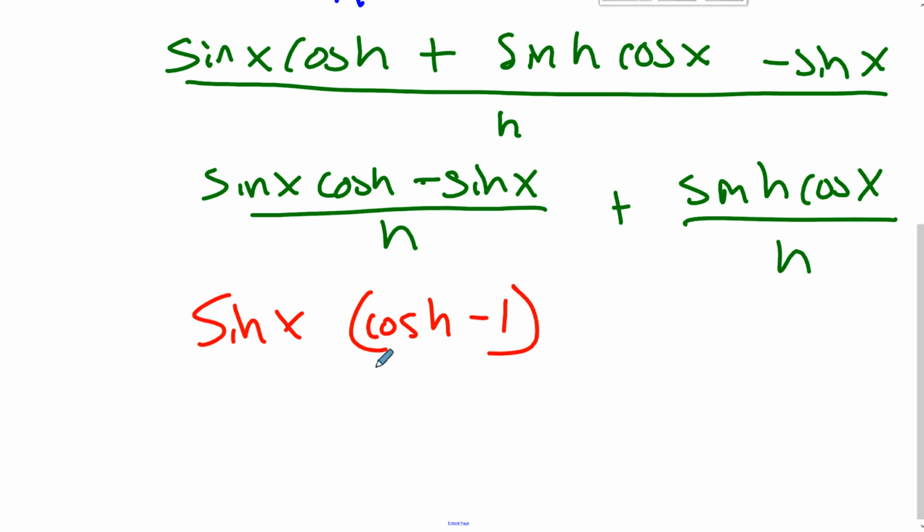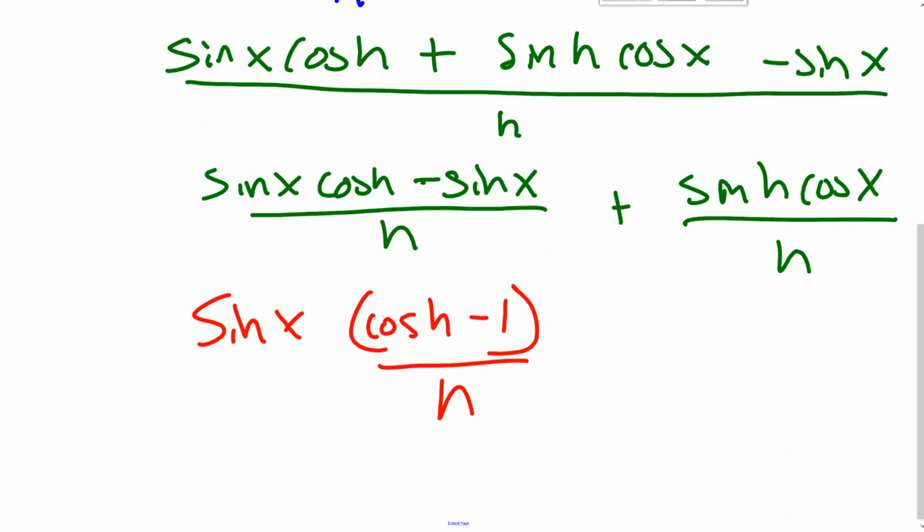And I can rewrite this as just multiplied, because it's a product there. I can do that, right? Because if I just put 1 over here, then it's all over h. So I can separate that into a fraction times a whole number kind of thing.